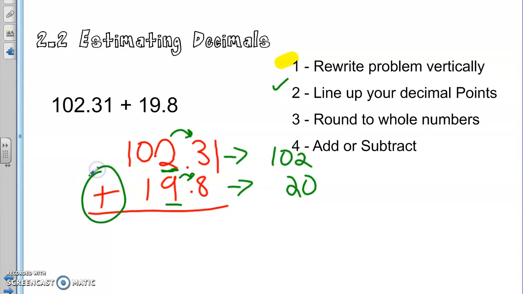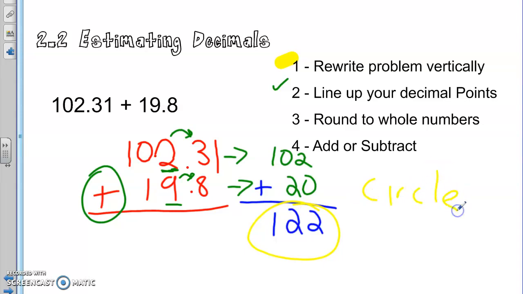While we're looking here, we're not going to be that guy. We're going to add this up. Now you have 122 as our final answer. Remember, circle. Circle. Totally cool. Super, super cool.